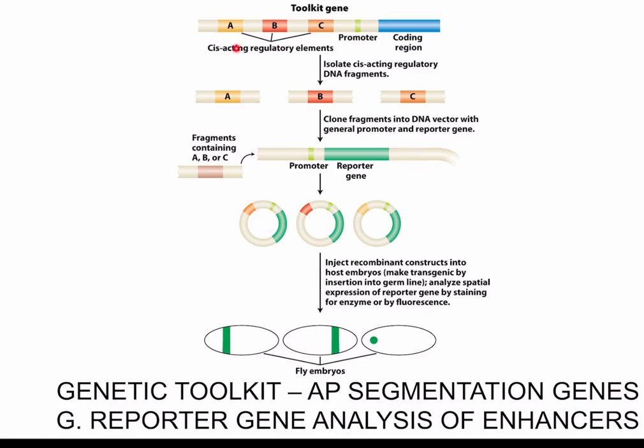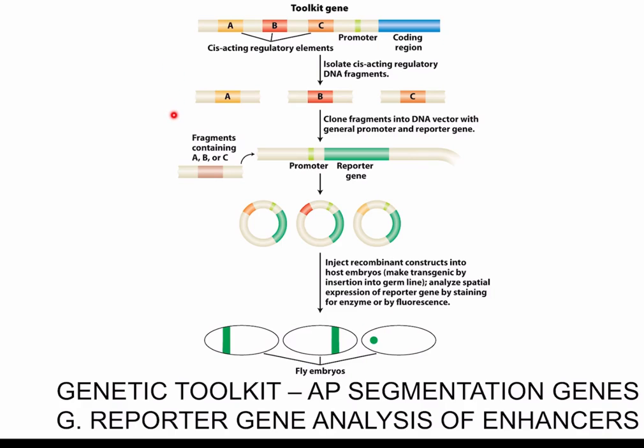enhancers. And in eukaryotic gene regulation, when transcription factors bind enhancers, they recruit RNA polymerase at the promoter and cause transcription, or alternatively, if it's a repressor that binds to the cis-acting regulatory element or enhancer, it can inhibit the RNA polymerase from binding to the promoter, and therefore it inhibits transcription.